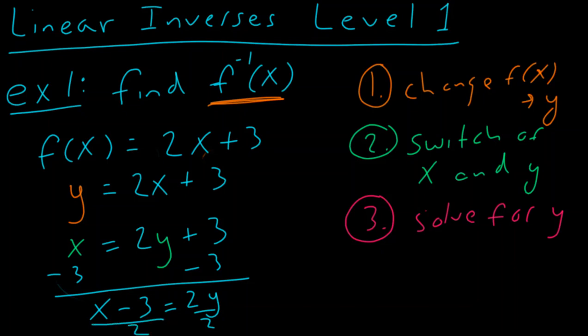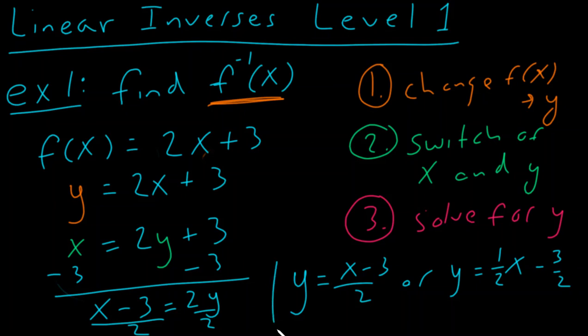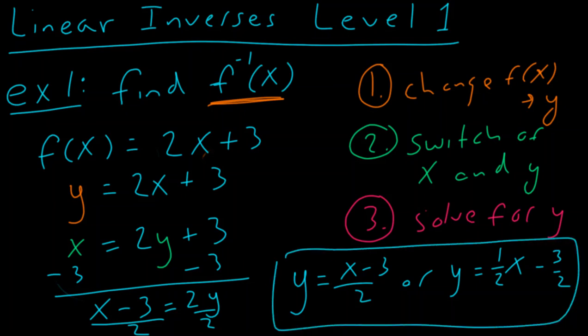Way number one, I can divide the whole thing, and I get my very first answer here, which is y is equal to x minus 3 all divided by 2. Or I could write y is equal to 1 over 2 x minus 3 over 2. I can split that 2 up to each one of them. And so this is almost our answer.